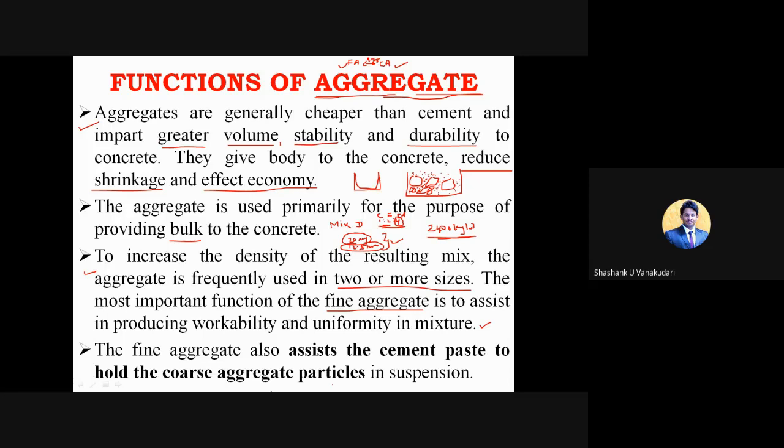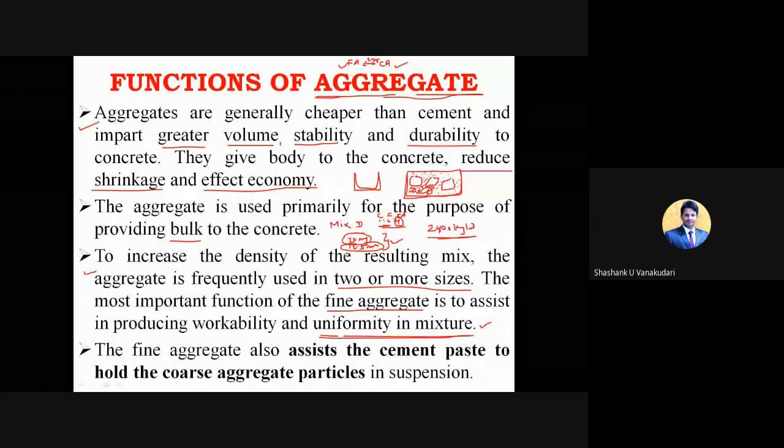And even the uniformity in the mixture. Uniformity in the mixture in the sense once you add this fine aggregate, the concrete will be uniform in its structure. Means it includes all the ingredients equally distributed in all the volume portions, correct?